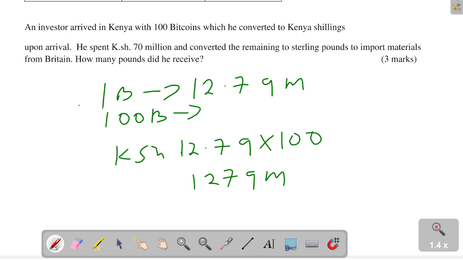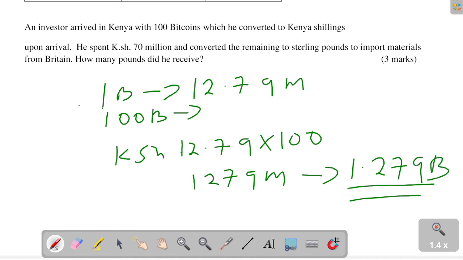And of course now this is going to be in terms of a billion, if you look at it here, because we are supposed to multiply by 1 million. So basically we say that this is an equivalent of 1.279 billion. That is what that investor came with. So this is Kenyan shillings, 1.279 billion.